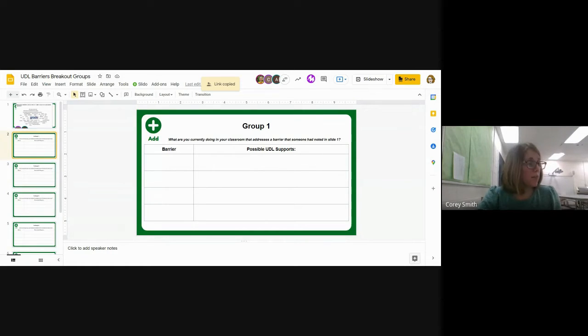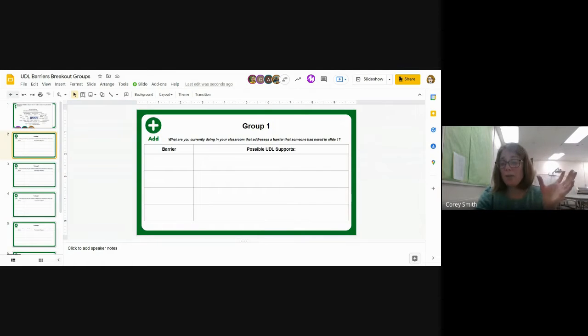Okay, I have pasted the link for this document, and I am going to put you into breakout groups, I think for about 10 minutes. If we come back and people feel like they were on a roll and they would like more time, then we can go back into breakout groups and take some additional time.